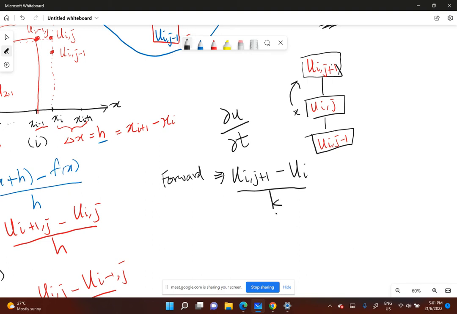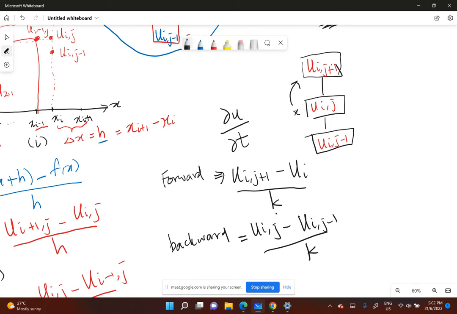Boleh. And if let's say we use backward, kalaulah backward, okay, that means like this: u i,j minus u i,j minus 1, macam ni.